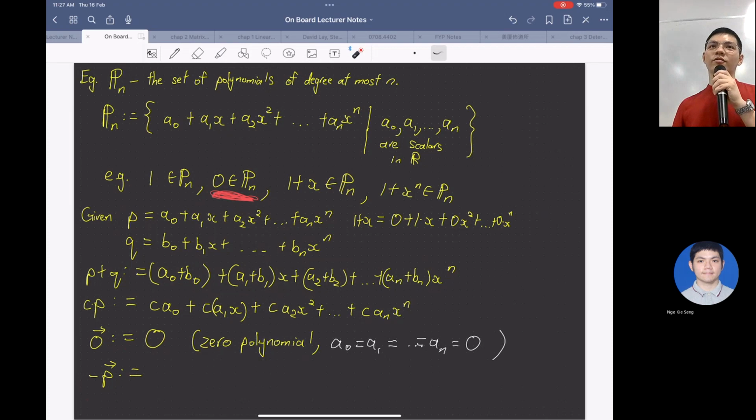We haven't defined the negative of a polynomial, so we need to describe the polynomial in terms of scalars only. So what should the scalar be? Negative 1.